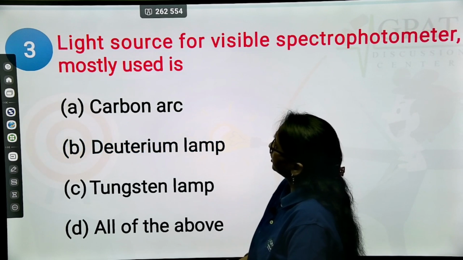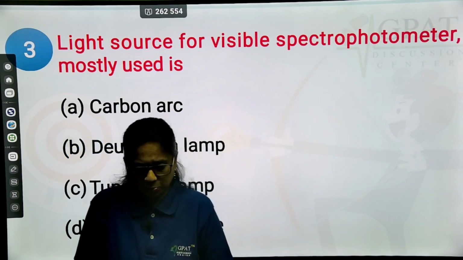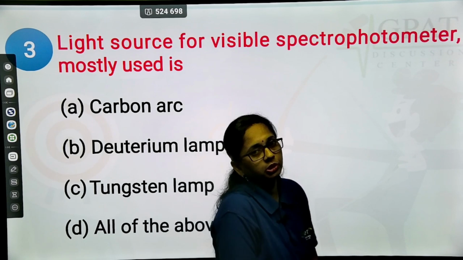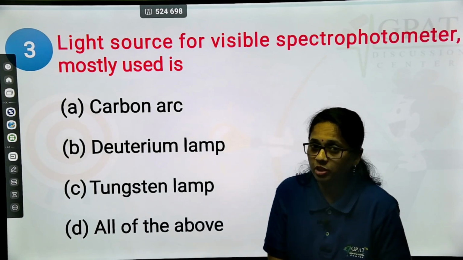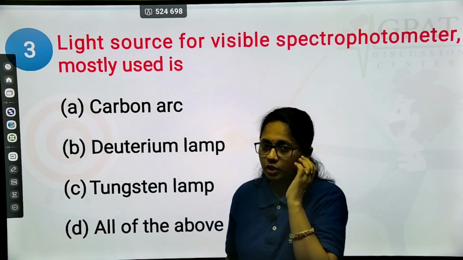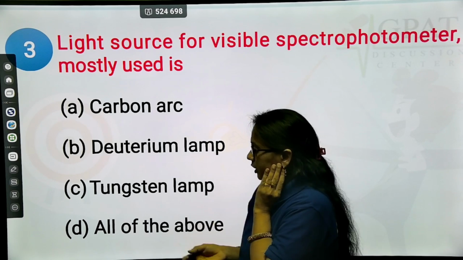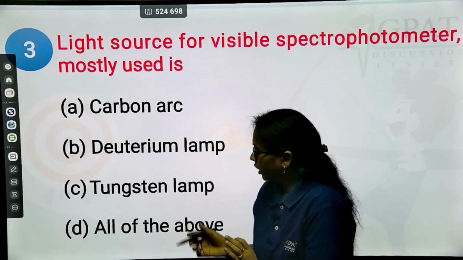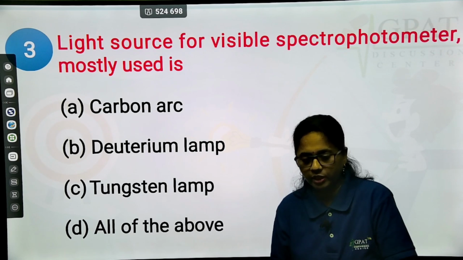Now let us see the third question: the light source for the visible spectrophotometer mostly used. We know that in the UV visible spectrophotometer the source of radiation is a selective thing. For UV you will definitely see the deuterium lamp as the source of radiation.